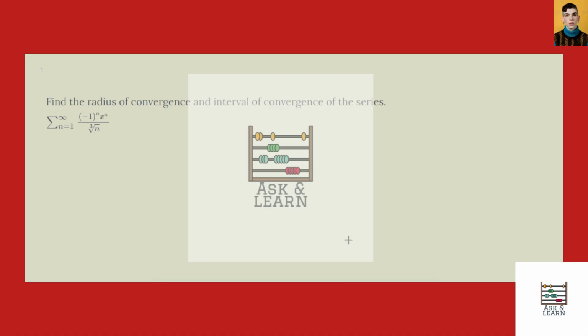Okay, for this problem, to get the radius of convergence, we take the limit as n goes to infinity of the absolute value of a_n over a_(n+1). These are the a_n terms.